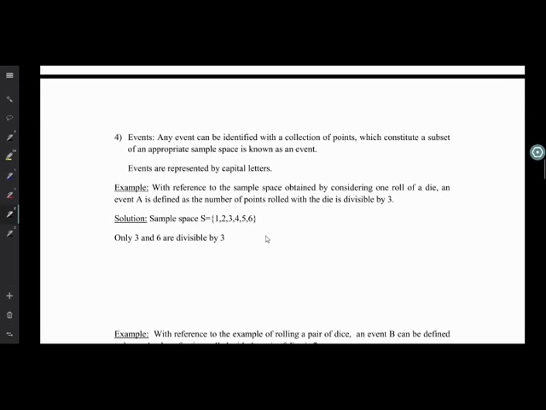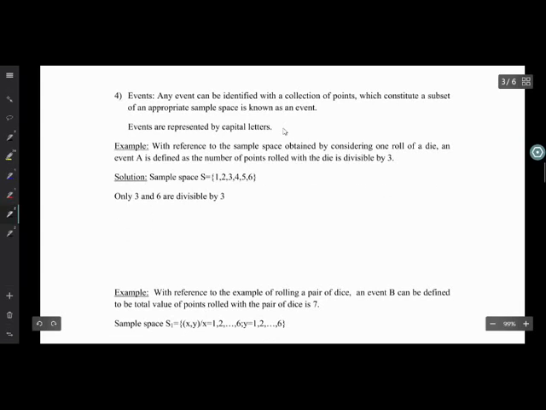The next keyword is event. Any event can be identified with a collection of points which constitute a subset of a sample space. So simply, an event is a subset of the sample space. We represent events using capital letters.